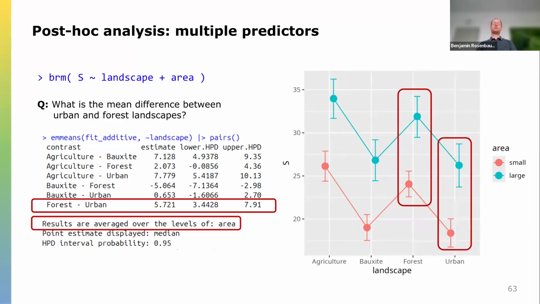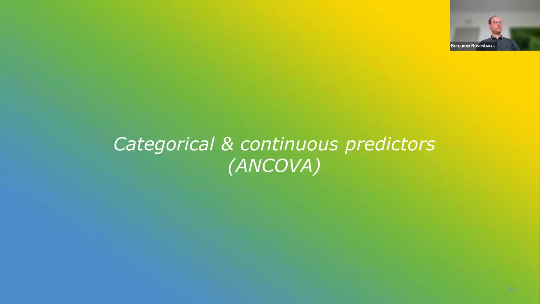And again, the pairs would give you all the pairwise comparisons there, if you want to compare the difference between forest and urban, averaging over area.